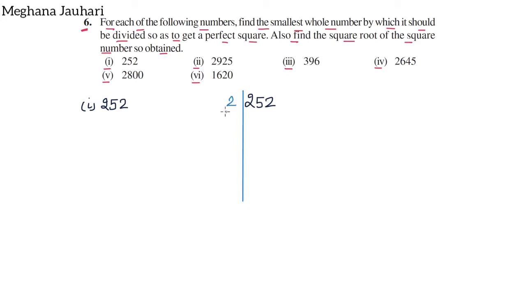Dividing 252 by 2, we get 126, then again by 2 we get 63. Clear? Now the next prime number, 3: 63 divided by 3 is 21, and again dividing by 3 we get 7, and in the last, 7 times 1 is 7. I hope you have all understood how to find prime factorization properly.